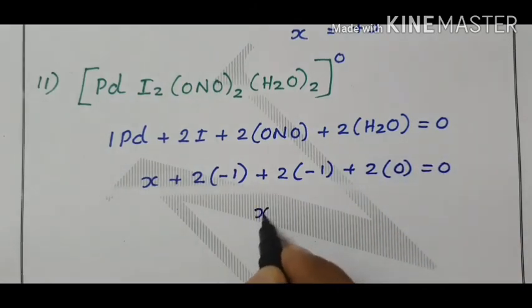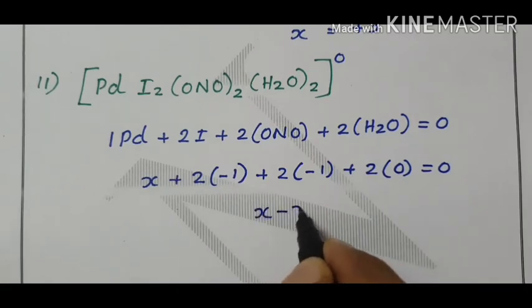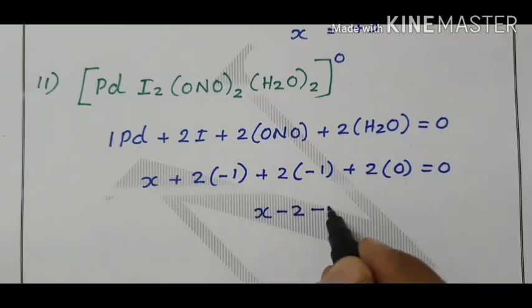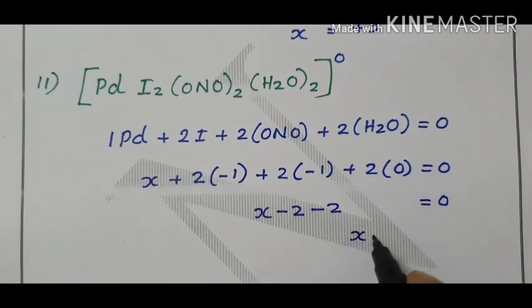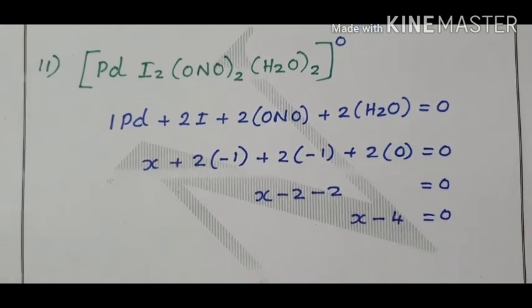X, 2 into minus 1 equal to minus 2, 2 into minus 1 equal to minus 2, equal to 0. X minus 4 equal to 0. So X equals plus 4.